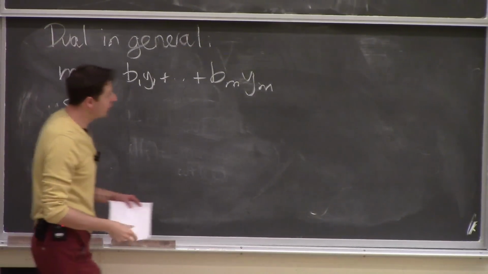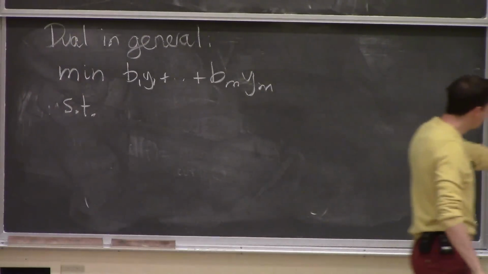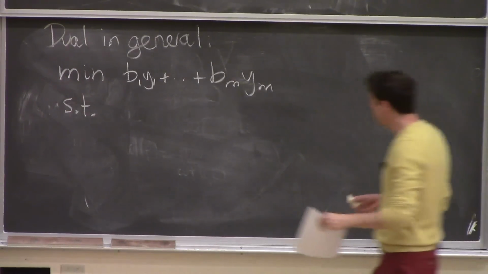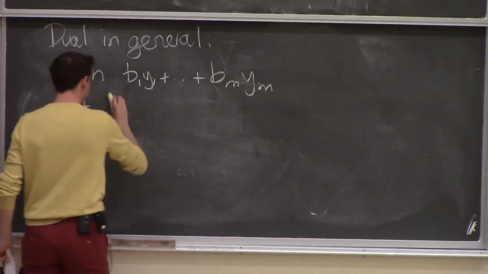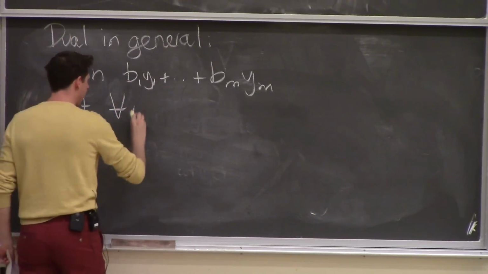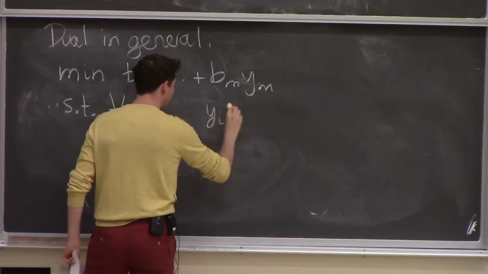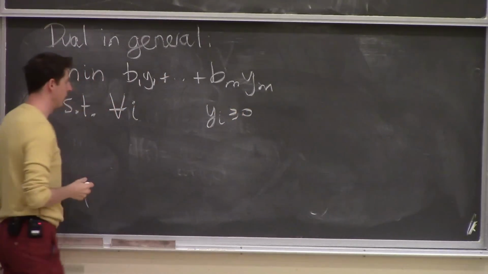Now, subject to. Before, we started out by putting down the non-negativities of y's, okay? And here, we pointed out that really the only yi's that we need to be non-negative are those that multiply inequalities. So here I want to say for every i somewhere, yi is non-negative.